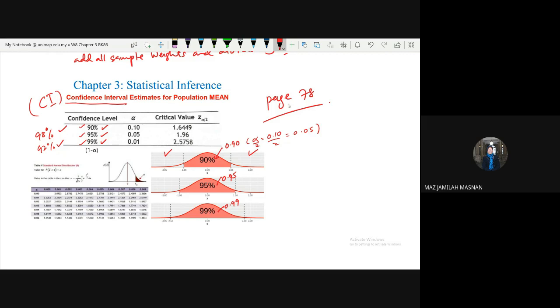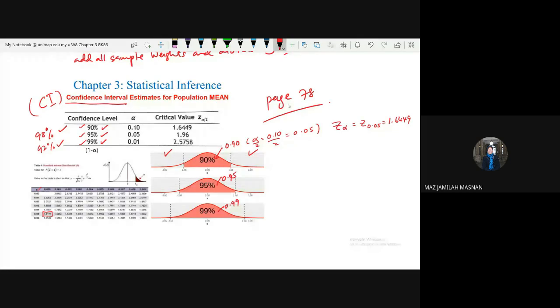Look for alpha 0.0500, and you will have your Z alpha, or critical value. Z alpha, or you can write it as Z 0.05, is equal to 1.6449.